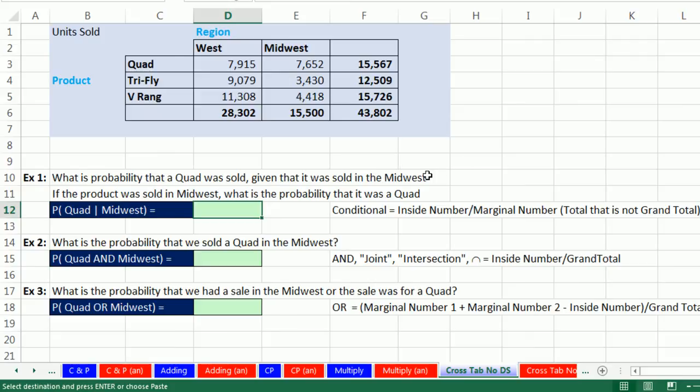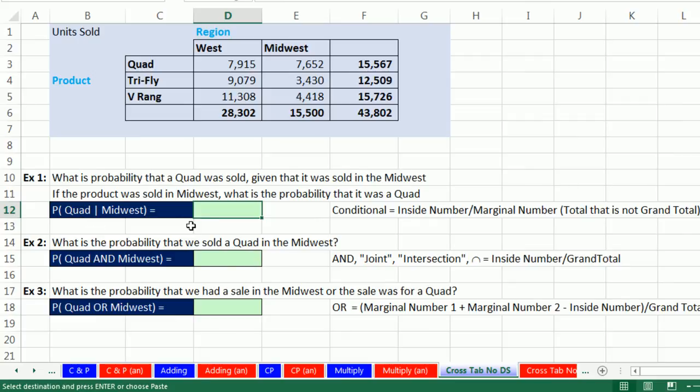Now that's one way of stating it. Another way you might hear it is, if a product was sold in the Midwest, what is the probability that it was a quad? In either case, we're limited to items sold in the Midwest. It's not the grand total we're talking about. It's just the Midwest in that total right there. So we'll compare the quad amount to the Midwest.